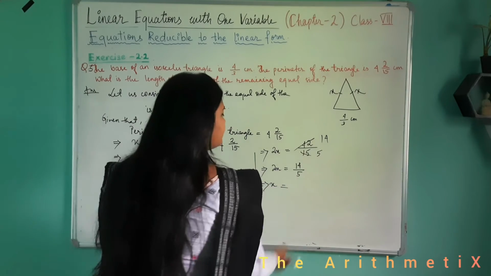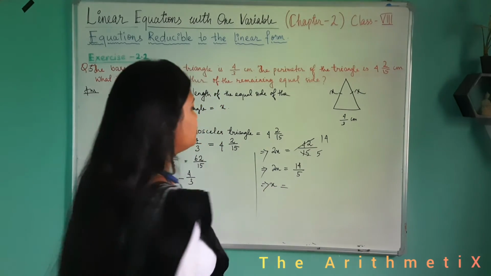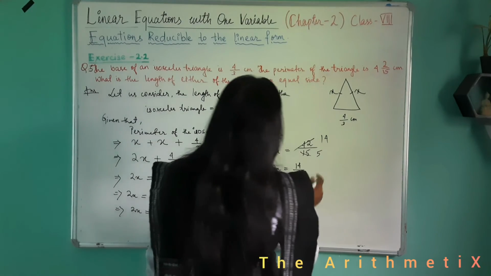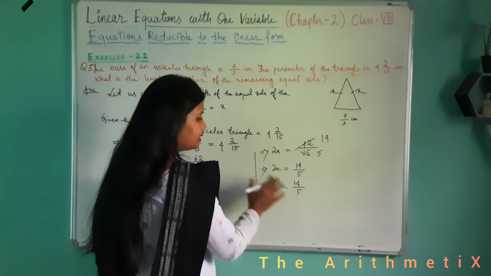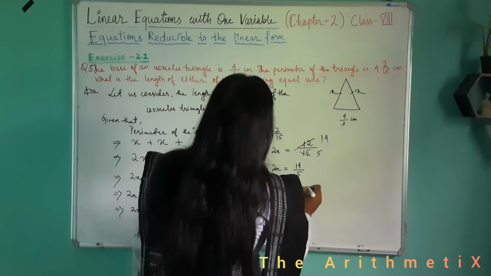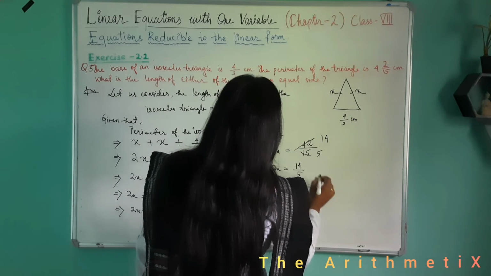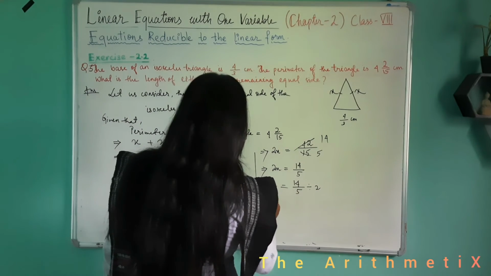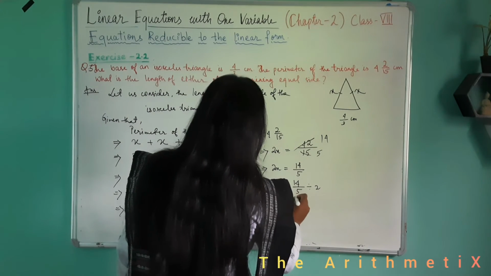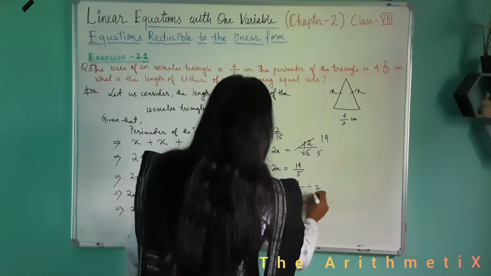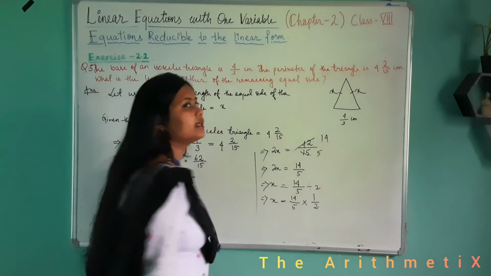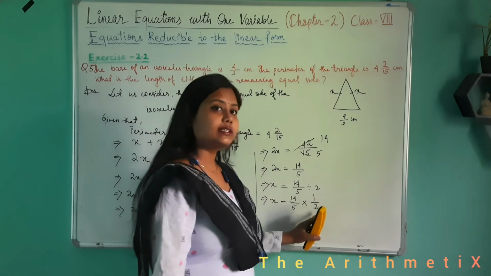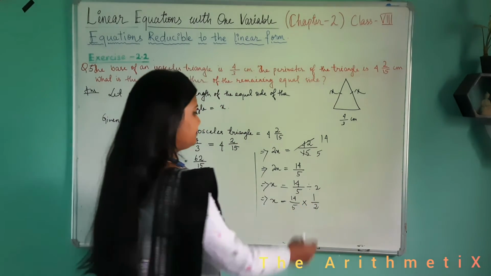So let us remove 2 now to find x. 14 upon 5 was already there, so we need to write it first, divided by 2. As 2 is multiplied here, we need to divide it here. This implies x equals 14 upon 5 into 1 by 2. While dividing a number by a fraction, we need to take the reciprocal of that number and multiply it.